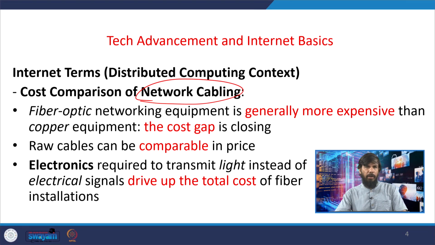Because of that the cost is going down. So, the price elasticity and fast cheap computing concept applies in the case of networking hardware also. Fiber optic networking equipment is generally more expensive than copper, but the cost gap is closing.